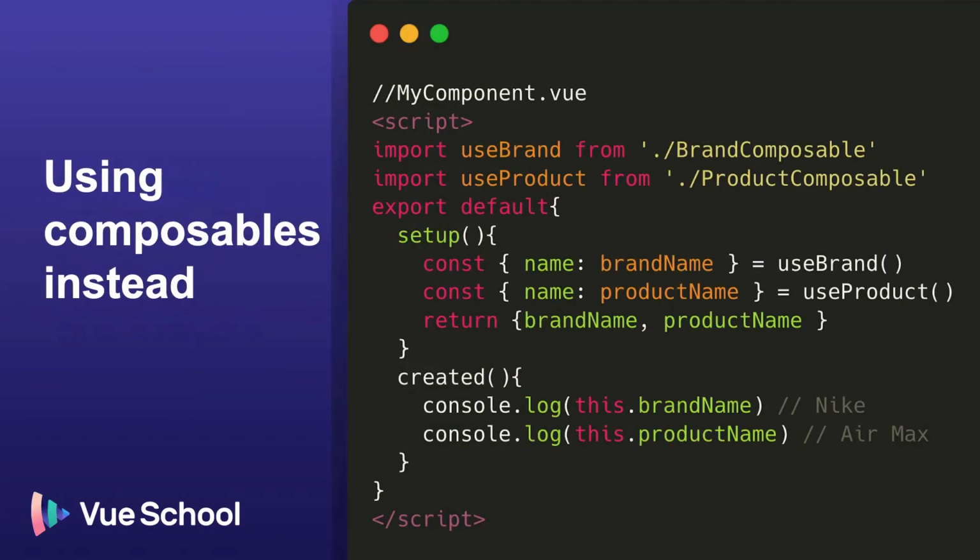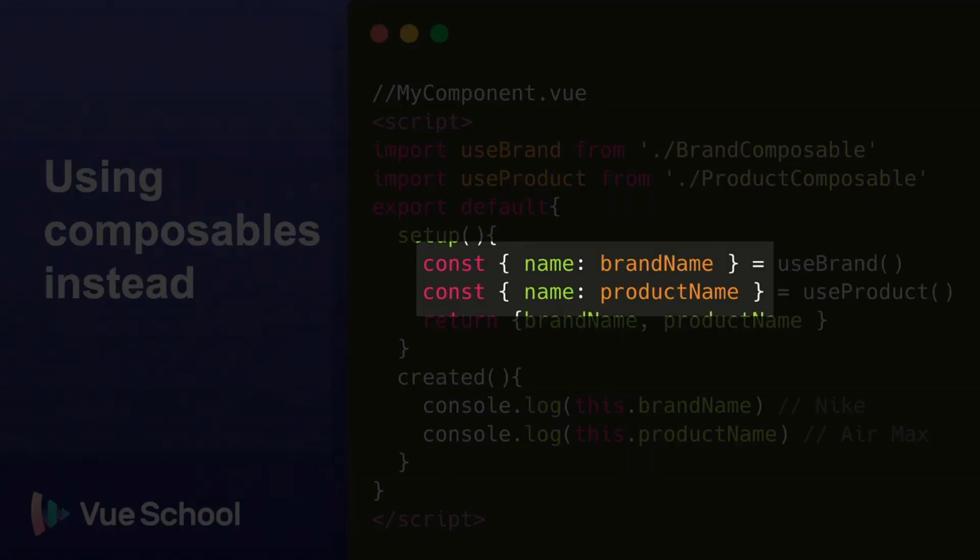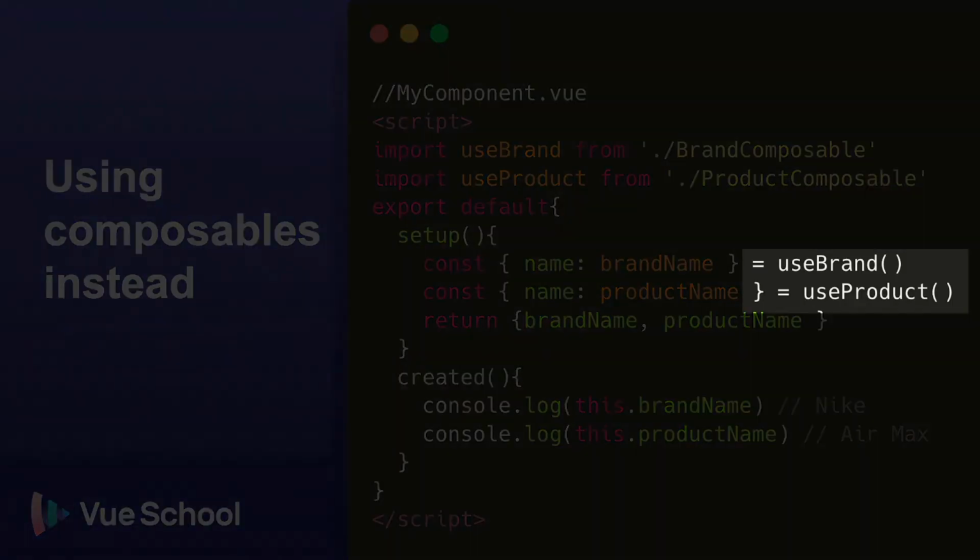That's because once you use the composable inside of a component, you have complete control to rename things as the context demands. You probably also notice that this approach allows us to easily see where each data property is coming from. The name is a variable defined on the left-hand side of an equals operator, and its source is the function called on the right-hand side.